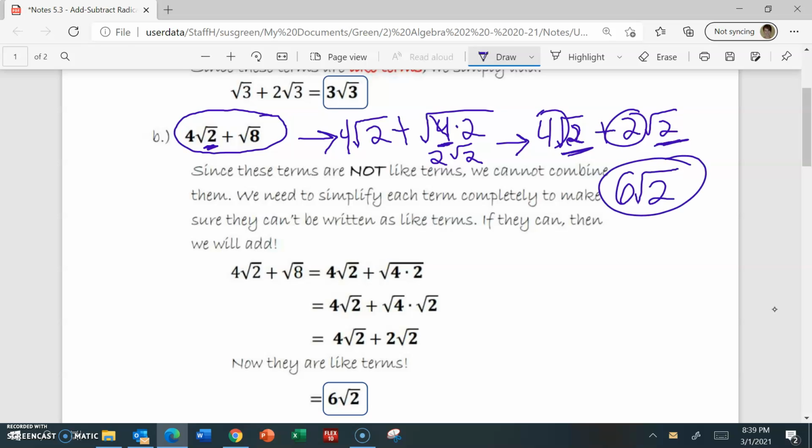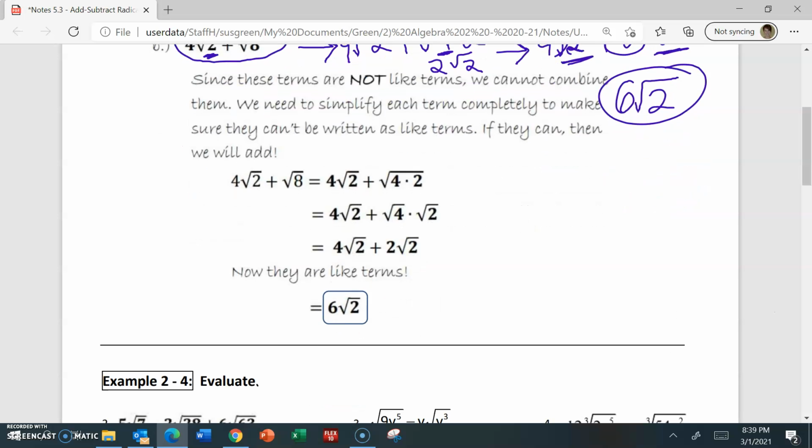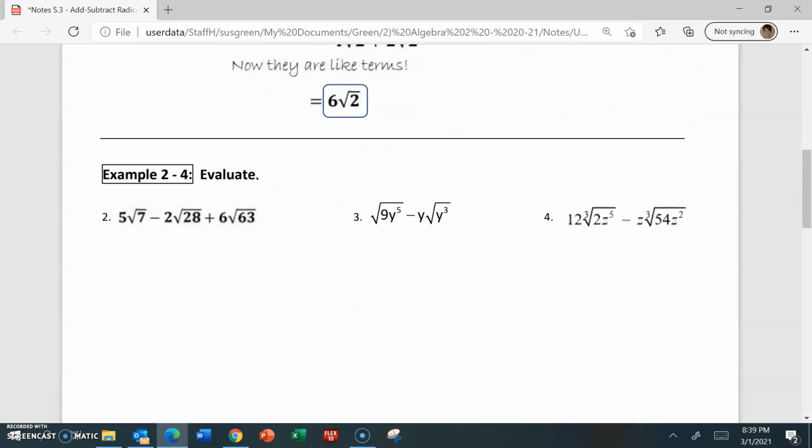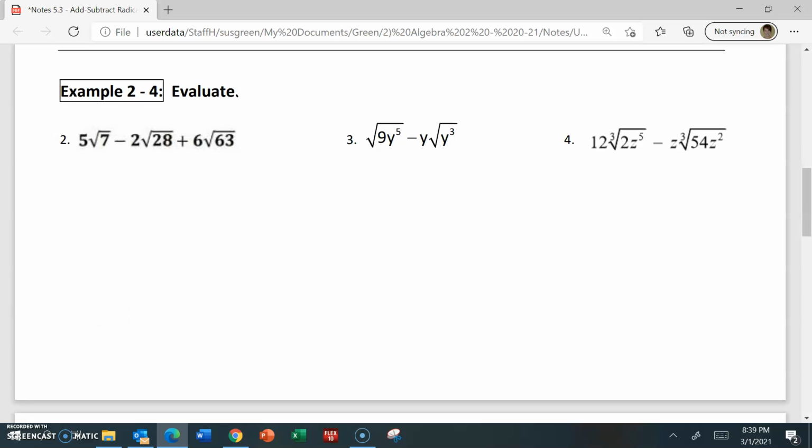So it's almost like you have 4 x's, here we have 6 radical 2's, okay? So if you can simplify and get radicals to be the same, then you can add or subtract them, all right? Now, I wish it was always going to be that simple, but sometimes we're going to have variables and different things, kind of like in our notes last section.